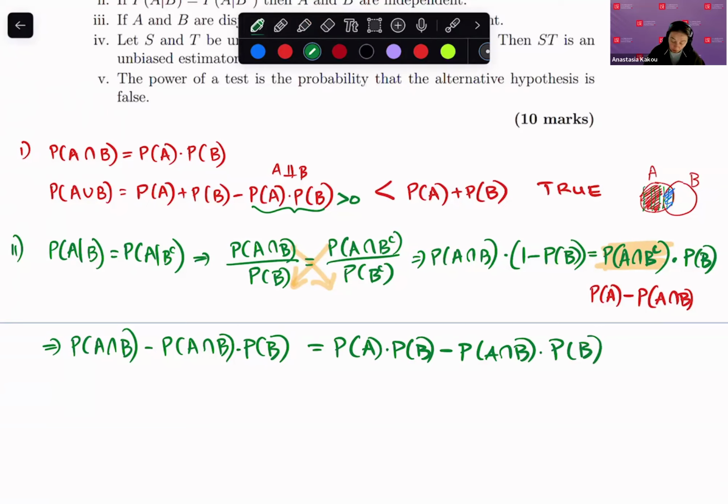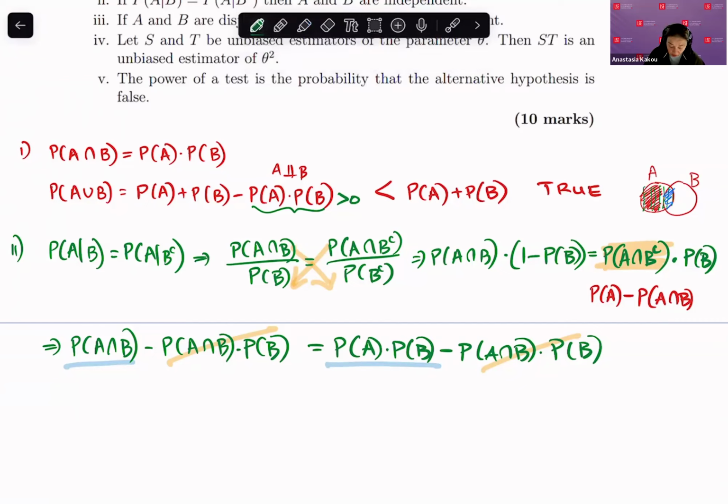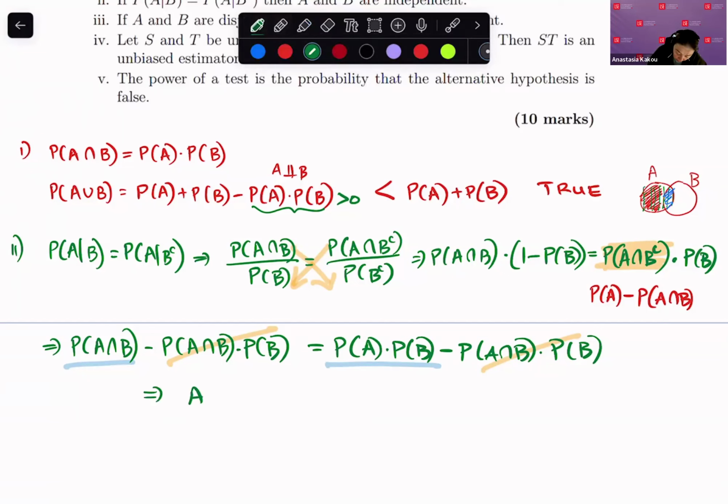Okay, so things that cancel out are these two, and then what we're left with is that the probability of the intersection of A and B is equal to the product of the probabilities of the two events, and that concludes that A and B are independent.